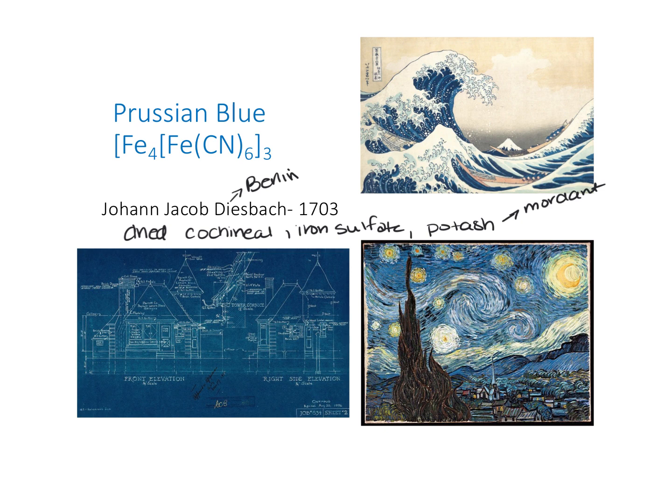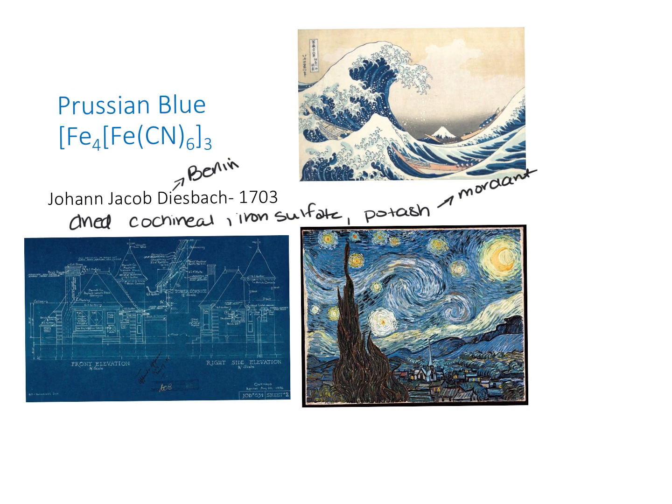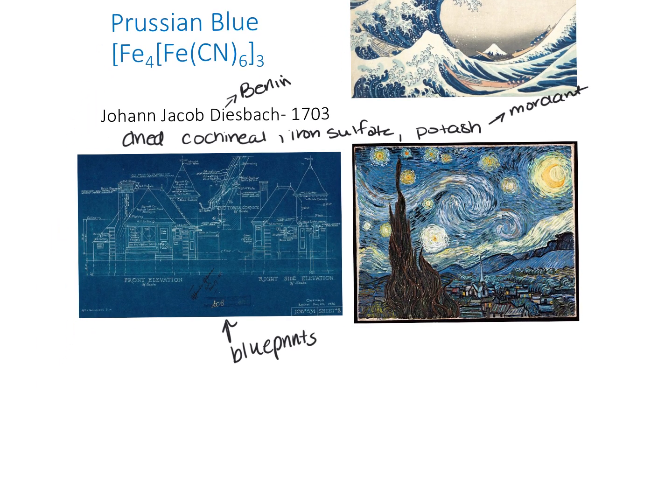Prussian blue is used in paints. You can see here, this is The Great Wave, which is a really famous painting. It's used in blueprints, so it's historically been used in blueprints. And it was also used by Van Gogh in Starry Night. Now, so it's the traditional blue in blueprints.